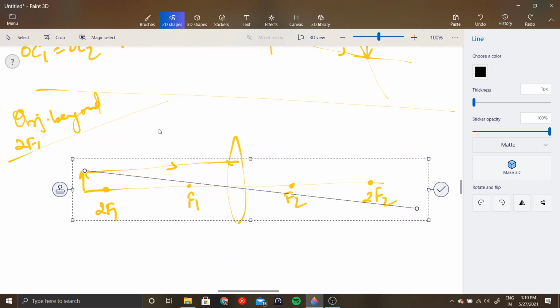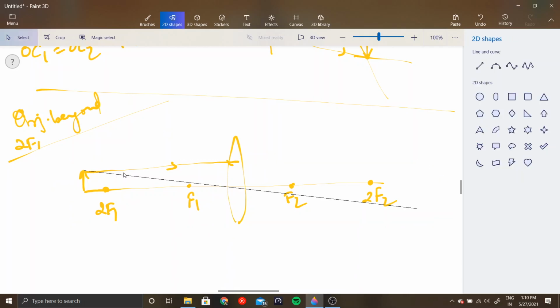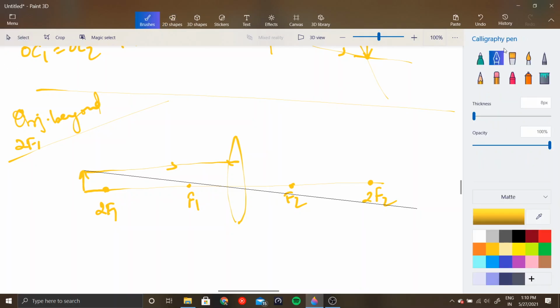Okay, this is a line. See, now this ray after passing, it converges somewhere here. After deflection, it will go somewhere here, and this is going somewhere here. So they actually meet at this point. So you have the image.